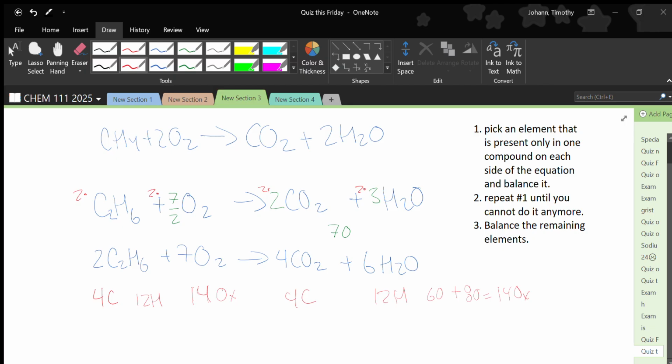Yes? Do you always divide by 2 and then times by 2, so different numbers? In terms of balancing it, in terms of doing my work to get there, I knew I had 7 oxygens, a way to make 7 oxygens from O2. And we're going to see O2 a lot because it happens a lot in the air, it happens a lot in chemistry. 7 divided by 2 times this 2 is going to give me 7.